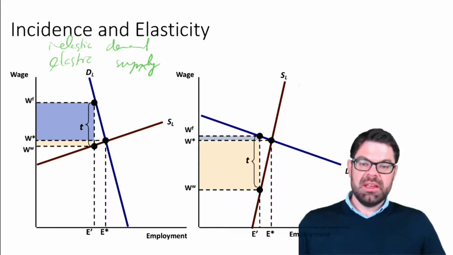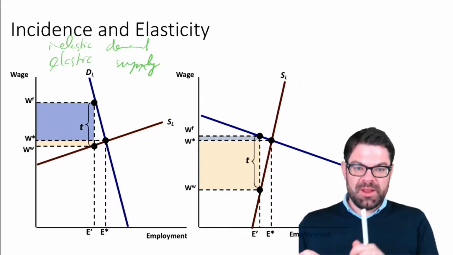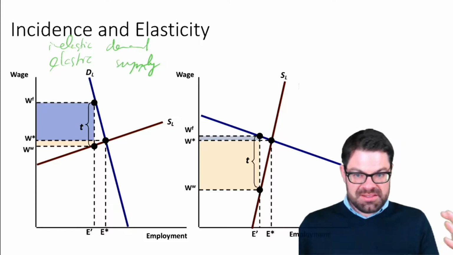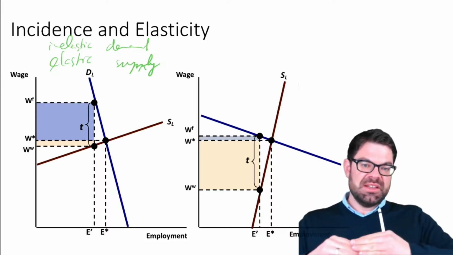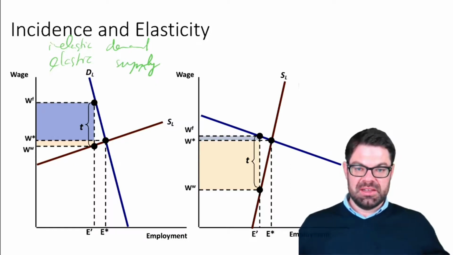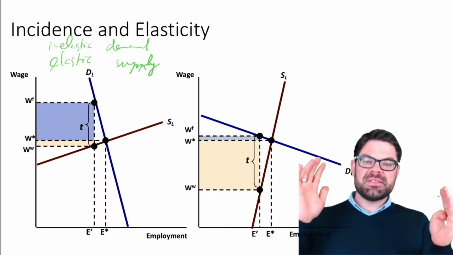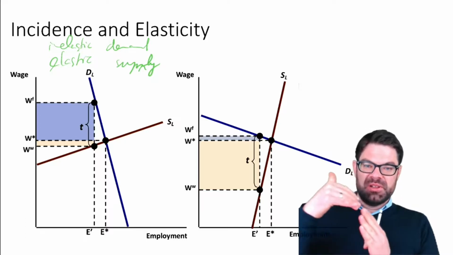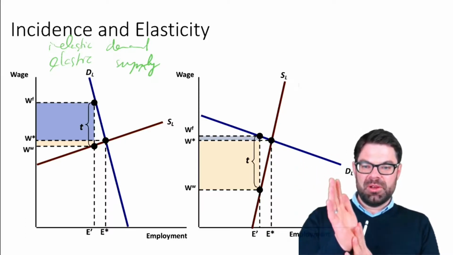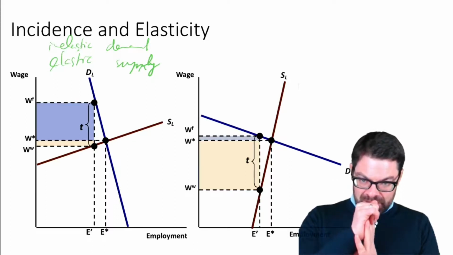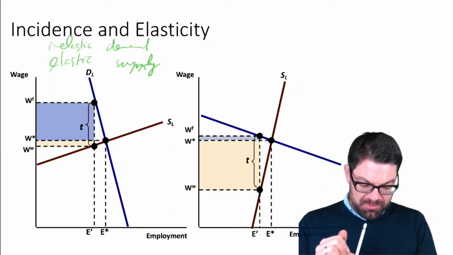Here it's very easy for workers to move away from firms or to just exit the labor force. So a small change in wages leads to a huge change in labor supply, whereas firms will always demand roughly the same amount of labor.